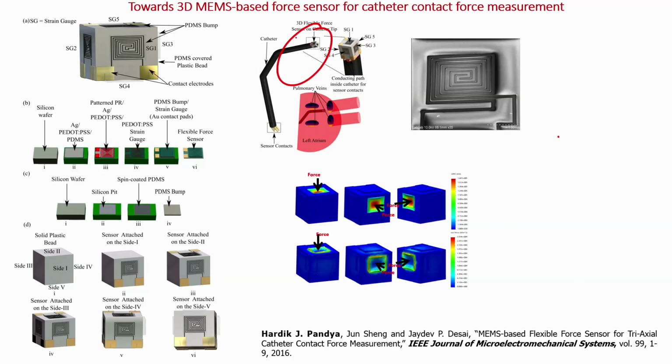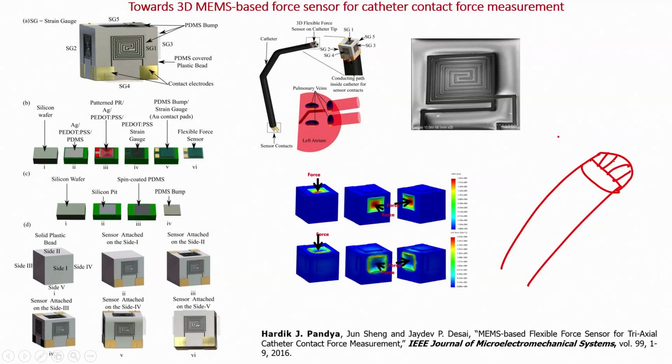No. Why? Because the force sensor is sitting at the tip of the catheter, but if you want to perform the experiment, then if you have seen the tip of the catheter that we have designed right now, like this, this tip will be used for applying RF, radio frequency, for ablating the tissue.